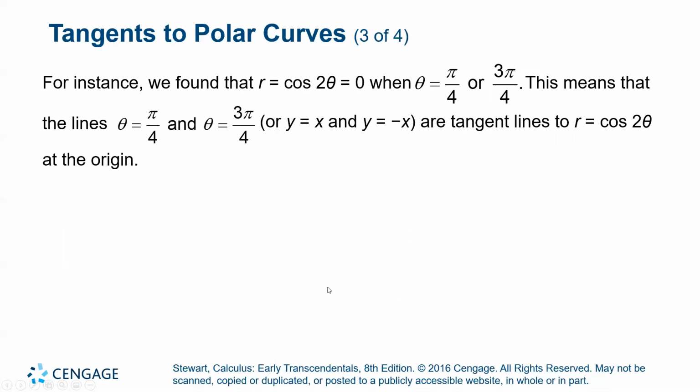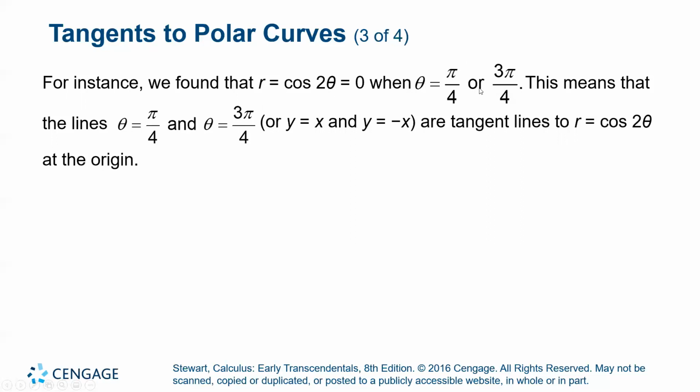As an example, when r is cosine of 2 theta, that equals 0 when theta is pi over 4 or 3 pi over 4. This means that those two lines, pi over 4 and 3 pi over 4, are tangent lines to the original polar curve. So that works directly how your knowledge of derivatives already works.